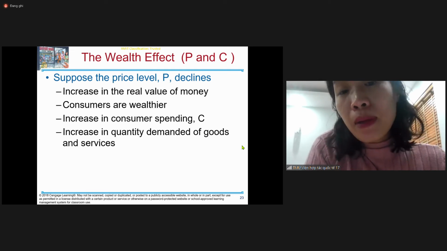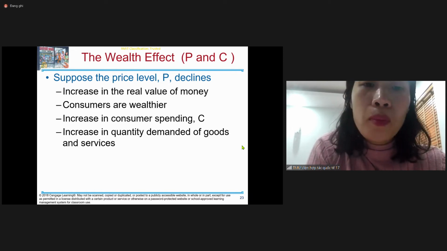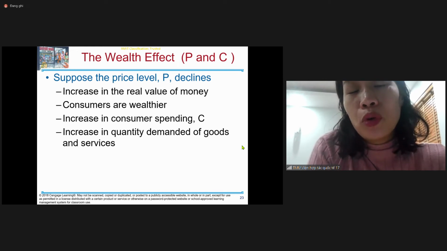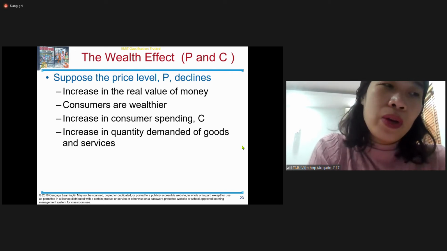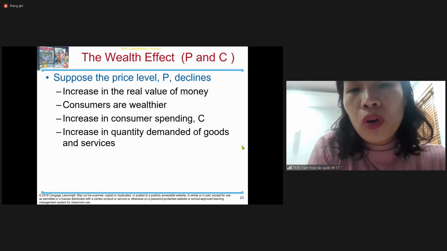Even with the same amount of money, we can afford more goods and services. You can buy more meals at a restaurant, more cars, more houses, maybe more clothes. We can spend more on education, more on healthcare, and those things mean that we are now wealthier, right?